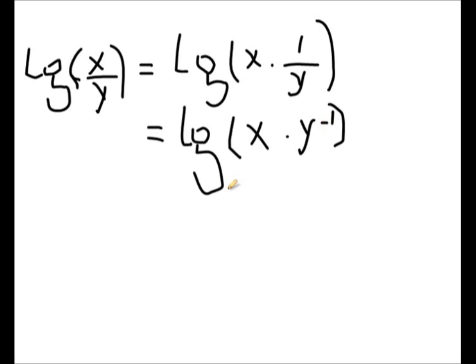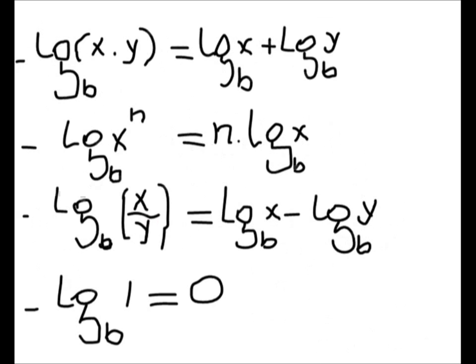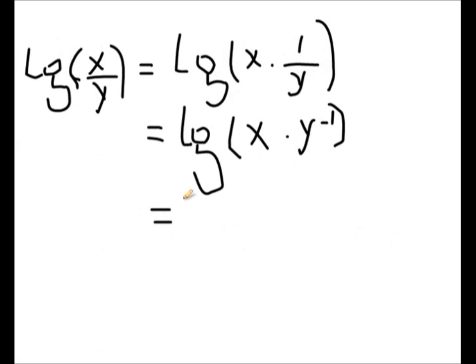Now that means this division will be transformed to multiplication. So remember the property of multiplication: I can make an addition here. So I can say this is log of x plus log of y to the power of minus 1.